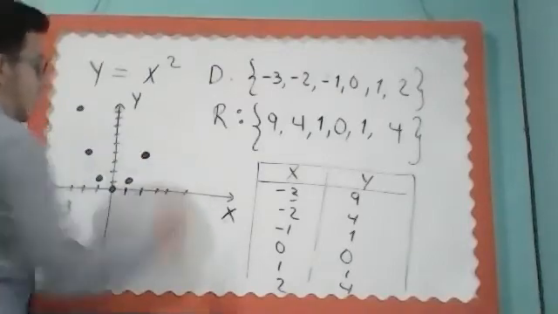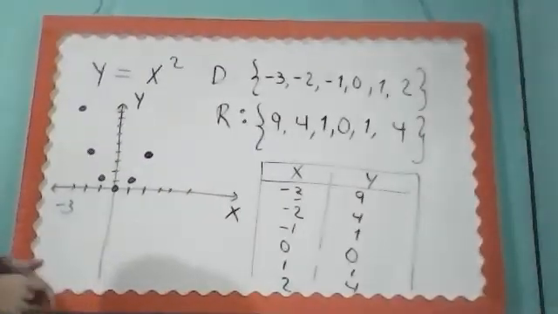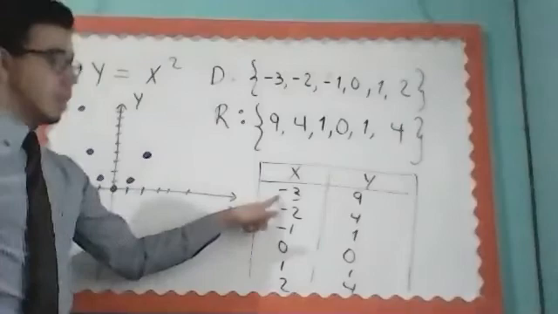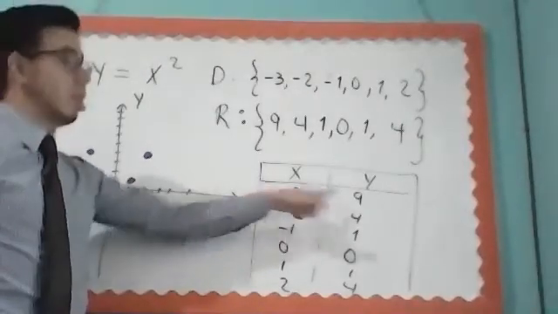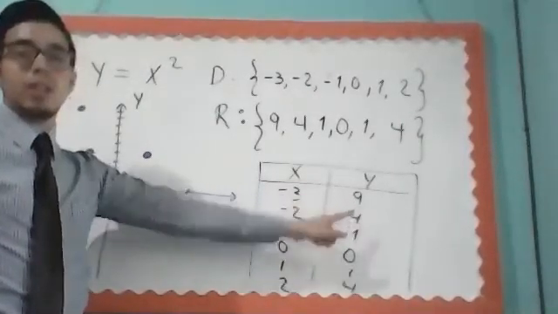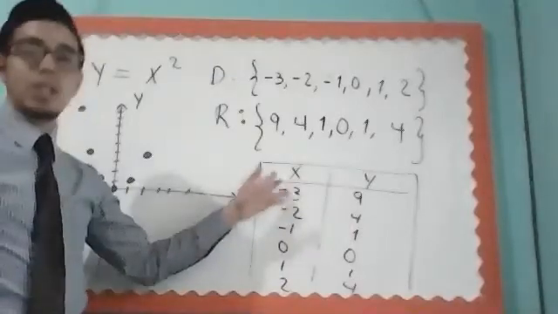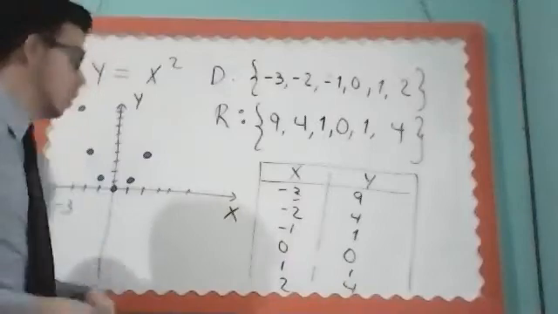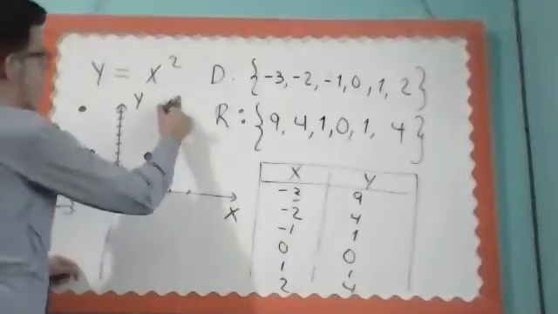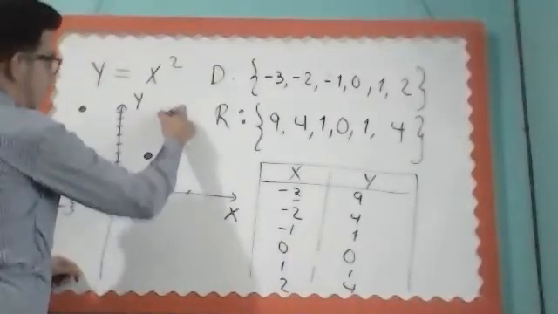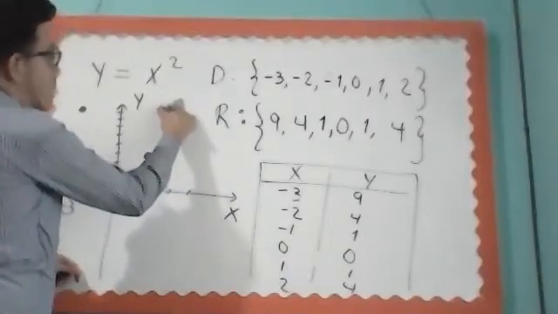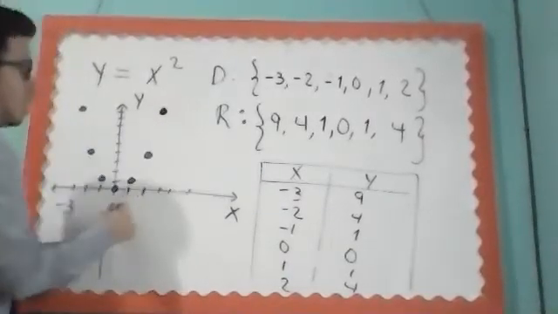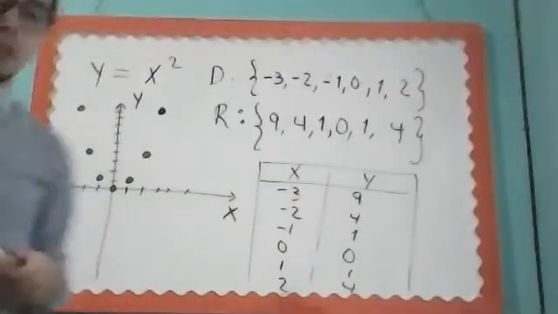If I add another value, where do you think that is going to be placed? When it's +3, for example, it's going to be located on 9 on y, right? Because you write this squared, and 3 squared is going to be +9. So I can write this in here if I have the 3, only to do the graph in a symmetric way.